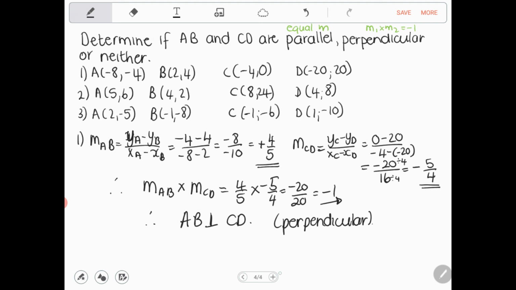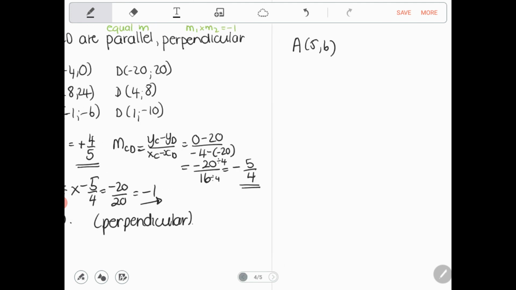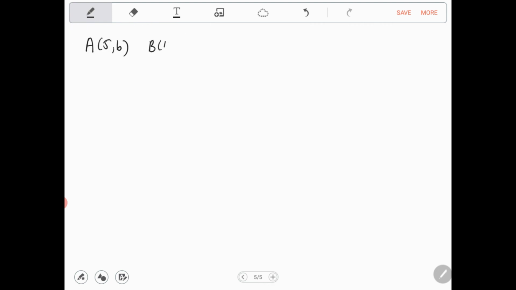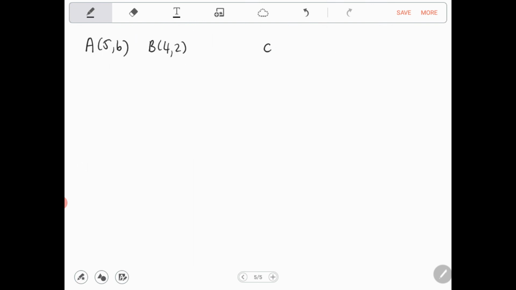Okay, so let's try the next one. A is 5, 6. B is 4, 2. C is 8, 24. And D is 4, 8.